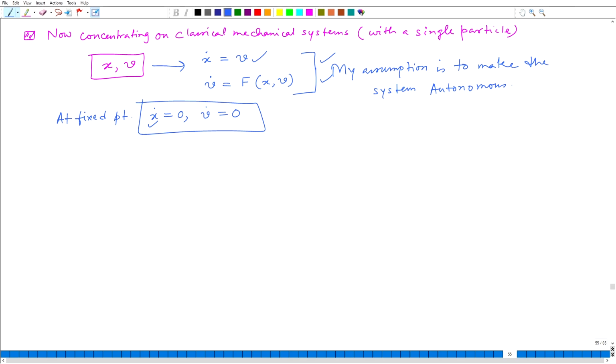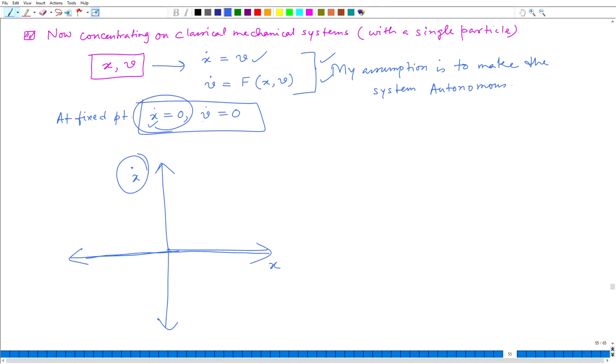So v is 0 means, if you draw the 2D phase space diagram with x and x dot, the fixed points will always lie on this axis, because x dot is 0 by construction.